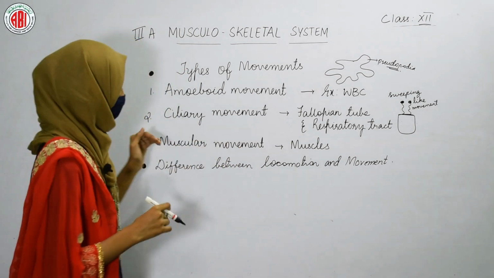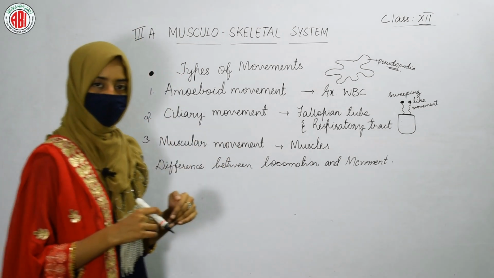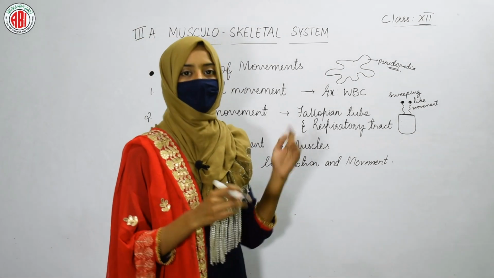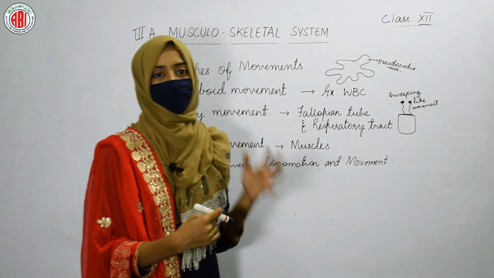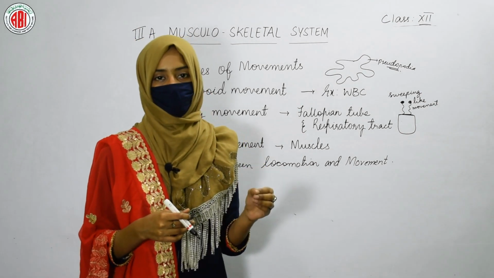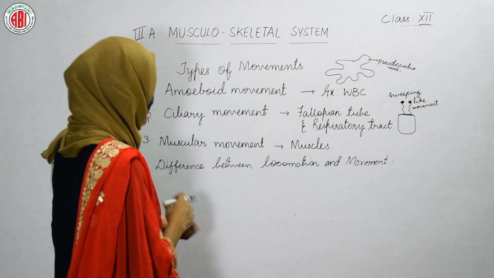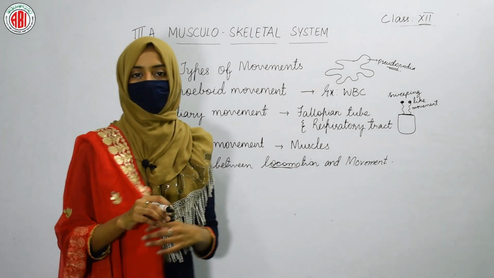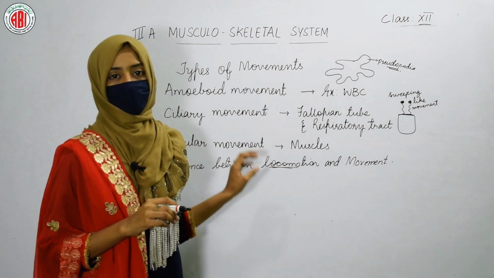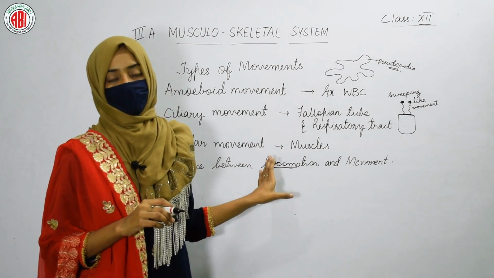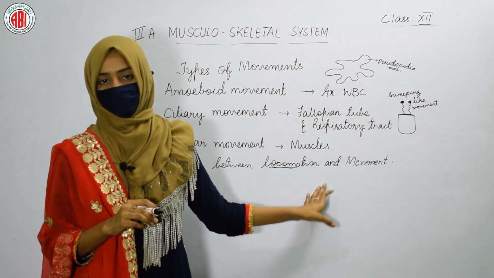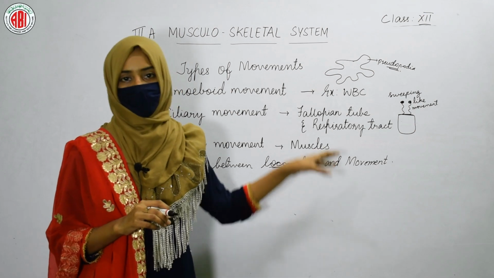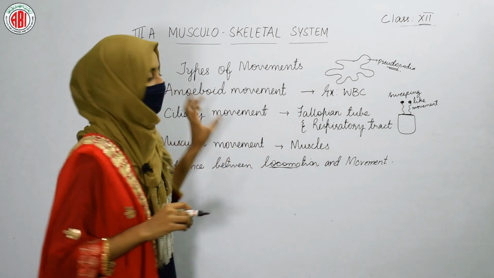But if I move from one position to another position in this manner, when you can see the change in the position of an object, we call that type of movement locomotion. Here we can say that every locomotion can be called movement, but every movement cannot be called locomotion.